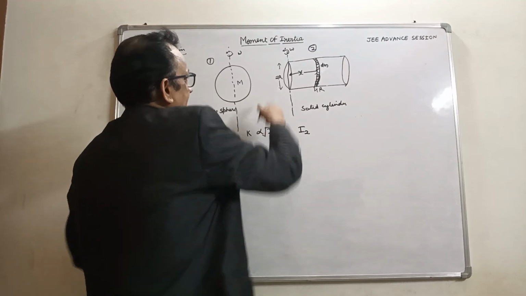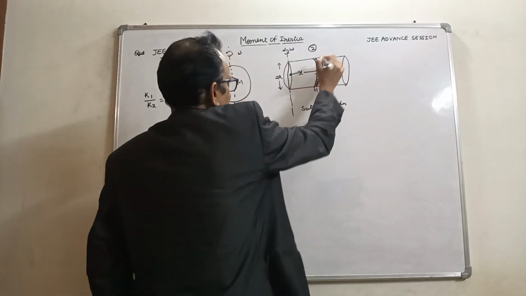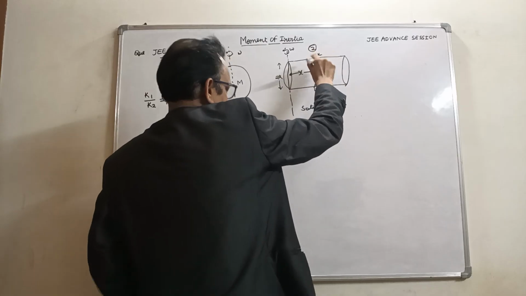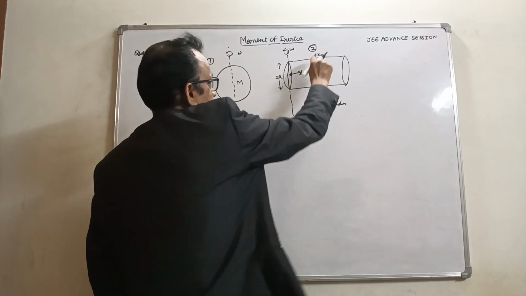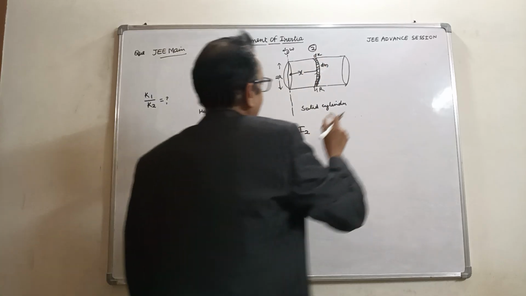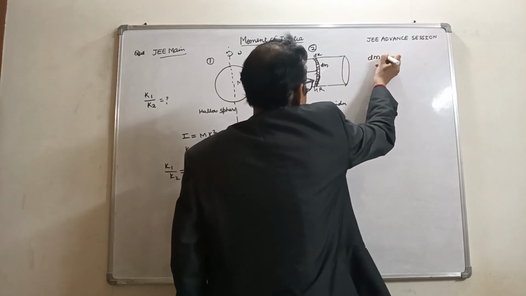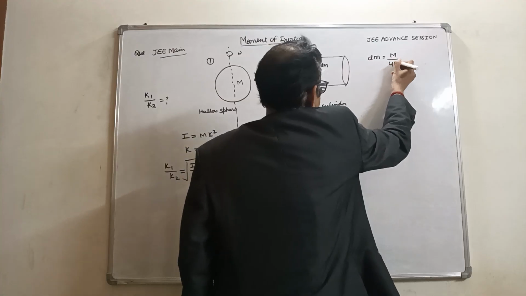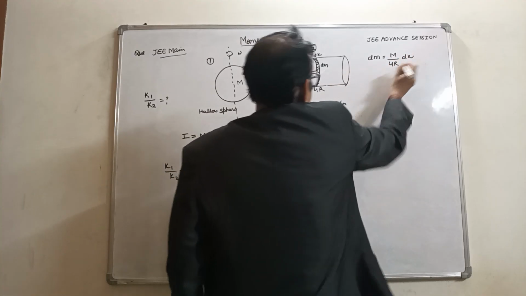So we have to find the moment of inertia about this axis. So this distance suppose x and this is a dx strip we have cut here. So this mass is dm and this strip is dx, and the total mass is m and radius is 4r, and dx is the strip.